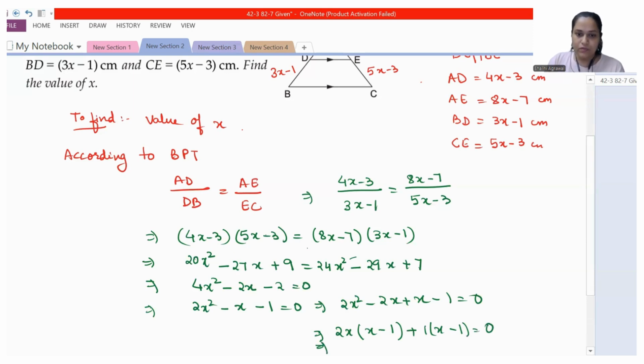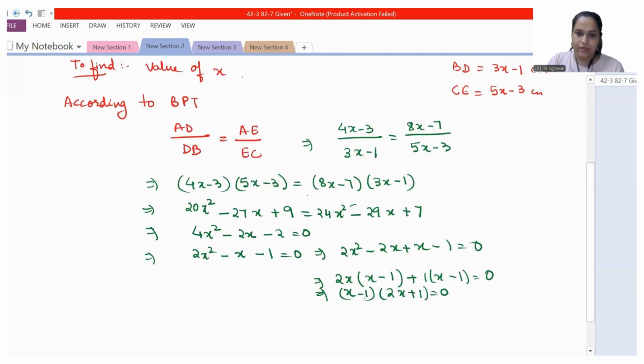So x minus 1, 2x plus 1. Solving this, I got x is equal to 1 comma minus 1 by 2. So these are the two values of x that, on substituting in the lengths of AD, DB, AE and EC, we will get equal ratios. Likewise, we solved the first question.